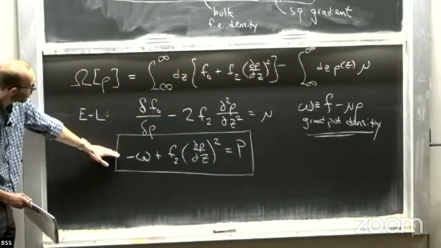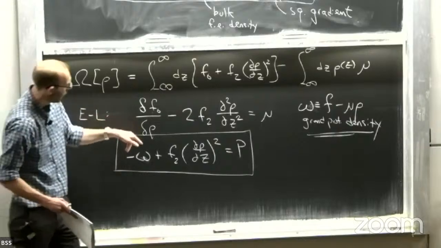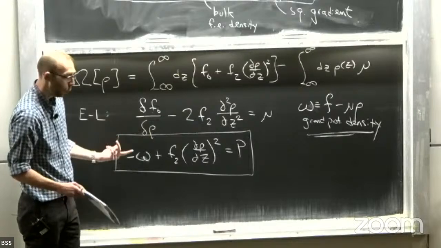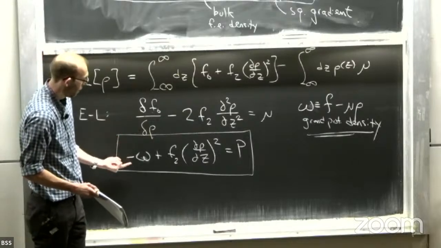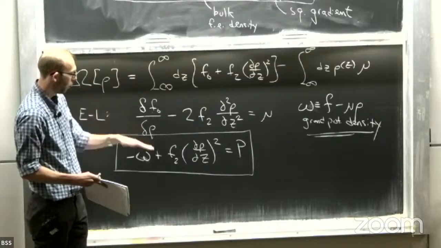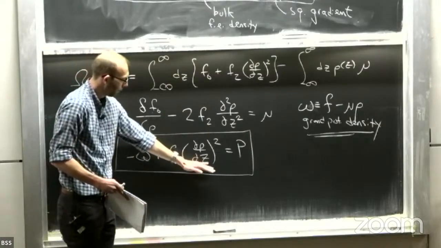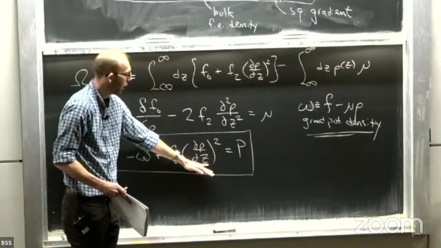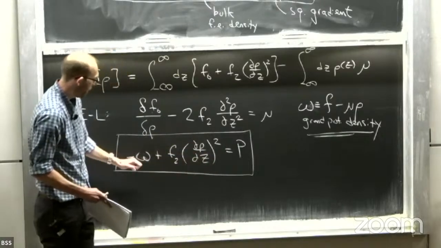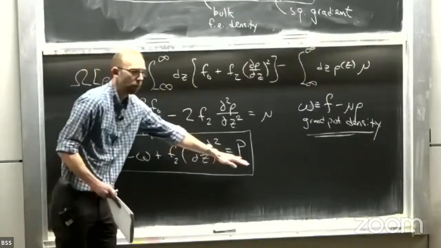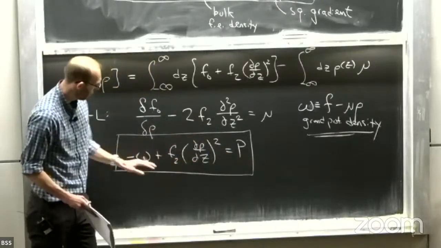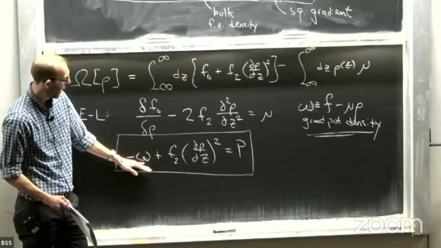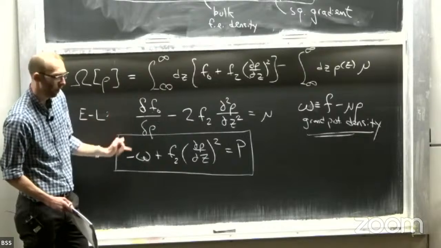So to go from this line to this line, all we've done is substituted in this definition of our grand potential. We've applied the boundary condition that if I go very, very far away, where there's no variation in the polymer concentration spatially, then my grand potential must be always minus the pressure, right? So if this thing is 0, then P equals minus omega. And then we just integrate it to go from here to here.